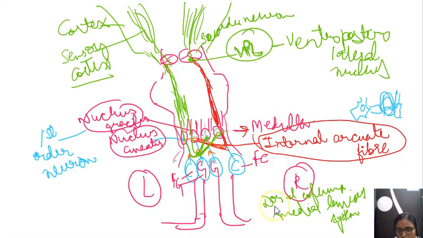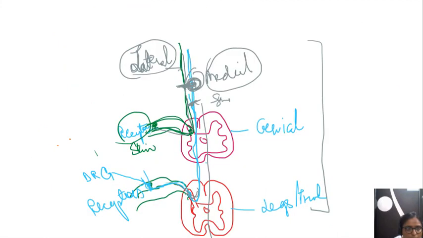See, dorsal column, you know why it is called the dorsal column, because if you see here, it is situated in the dorsal column. Fine. And why it is called the medial lemniscal system, this we will discuss.